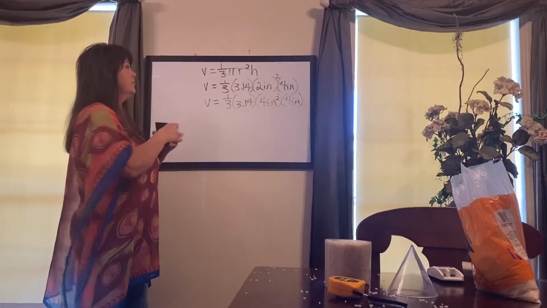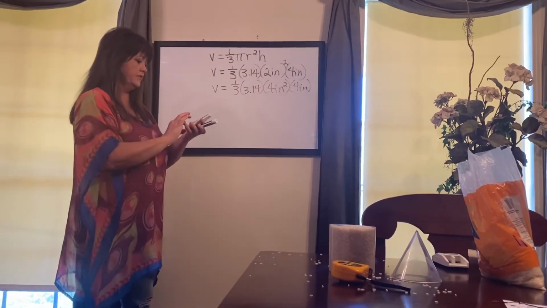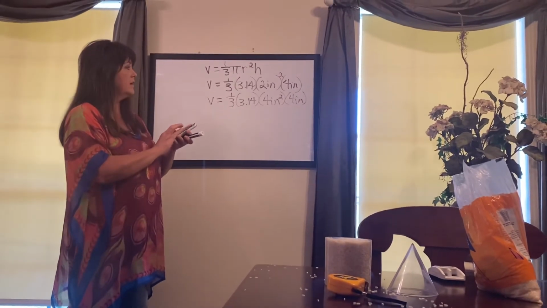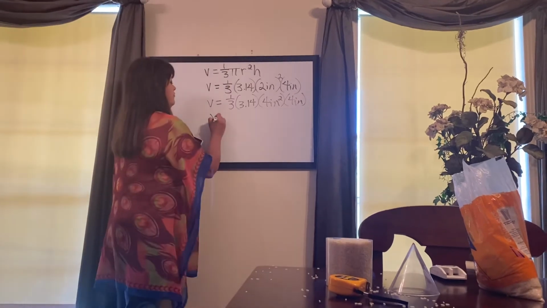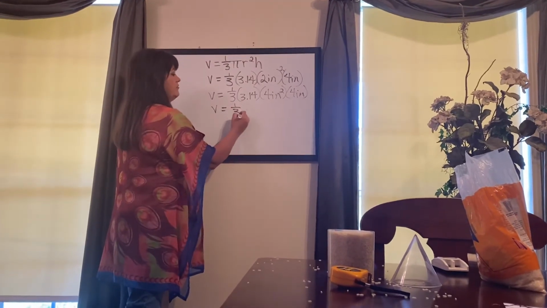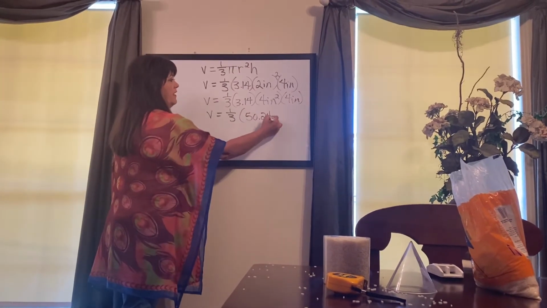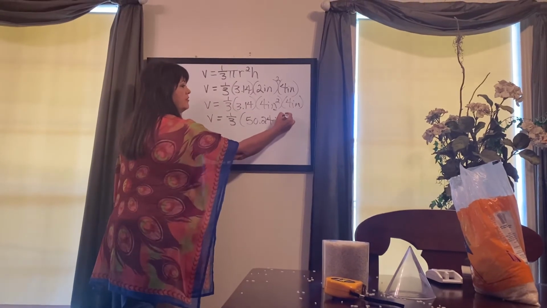Now I like to do these first and then divide by 3. That's just the way I like to do it. 3.14 times 4 times 4. So I have 50.24. I still haven't used the 1/3. 50.24, and that's inches squared times inches, which is inches cubed.